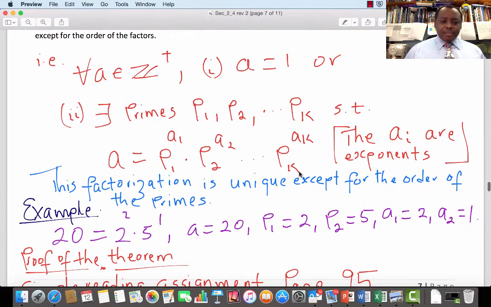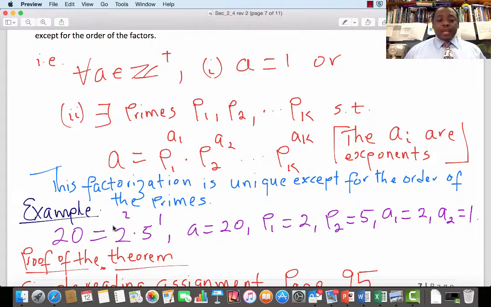A quick example. 20 can be written as 2 raised to the power 2 times 5 raised to the power 1. 20 is a positive integer. It is not 1, and therefore we can find primes 2 and 5.